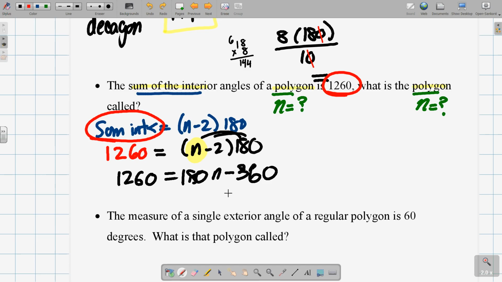We're going to solve. We want n by itself. And double check that. That's 0, 12, carry the 1. That's 6. Yeah.